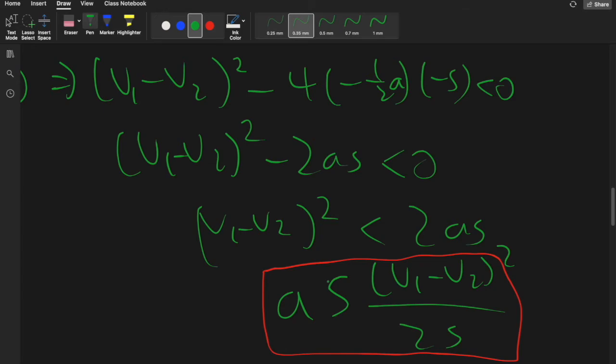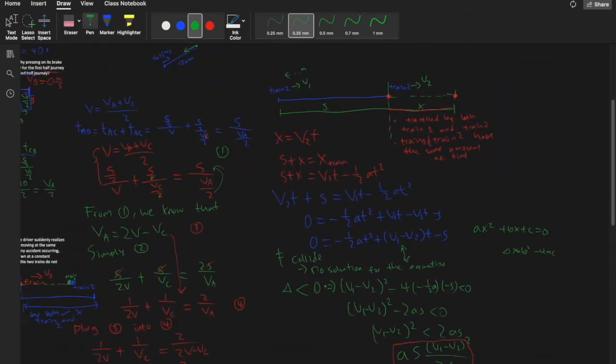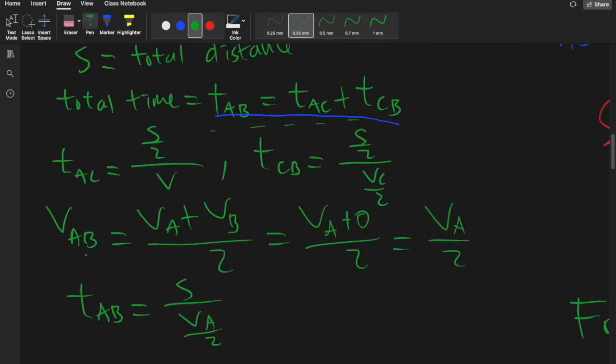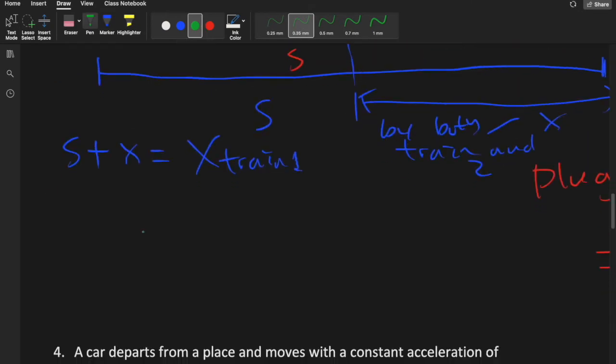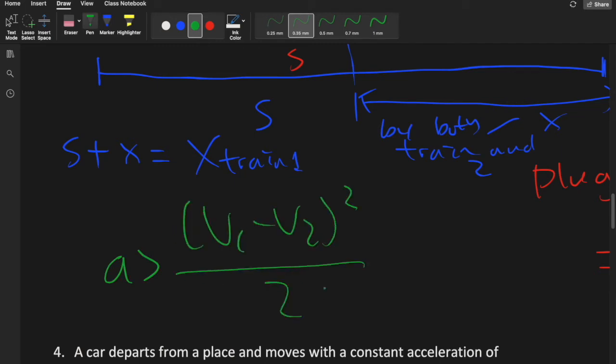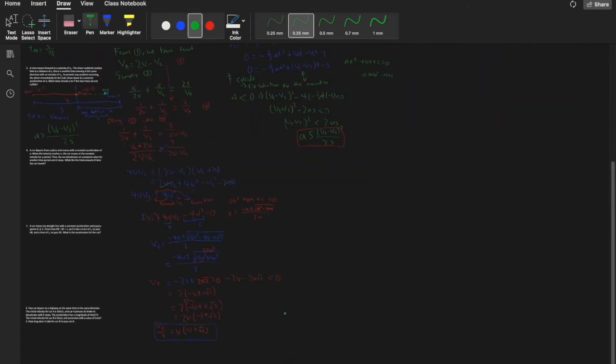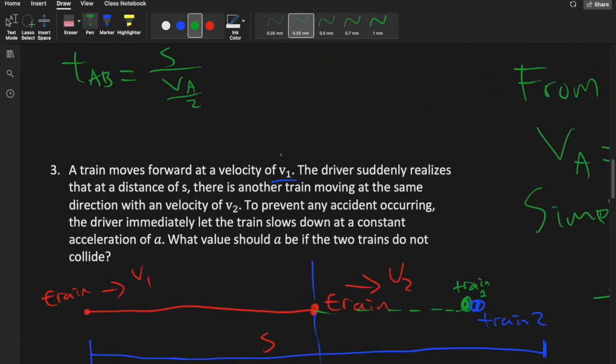Another hard problem. So let me write the answer here. So a must be greater than (v1 minus v2) squared over 2s, if I copied that correctly. Yeah, I did.